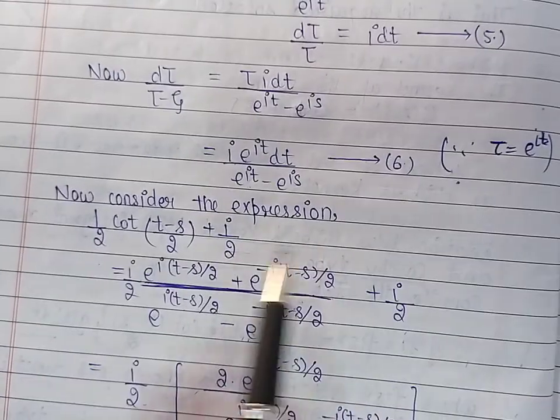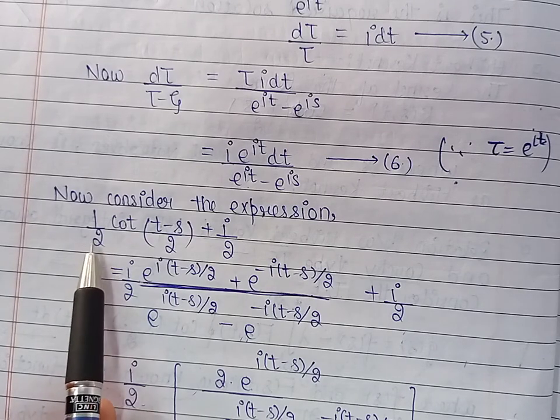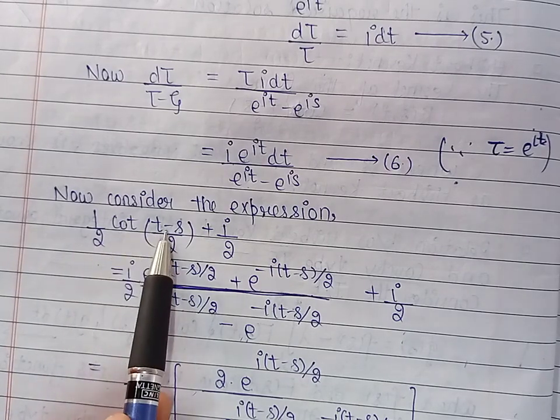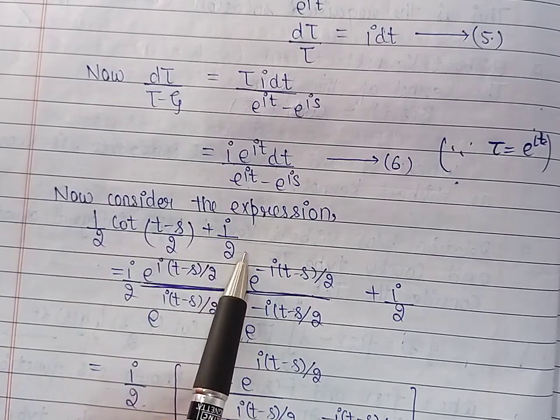Now let us consider the expression half of cot of (t minus s)/2 plus iota by 2.